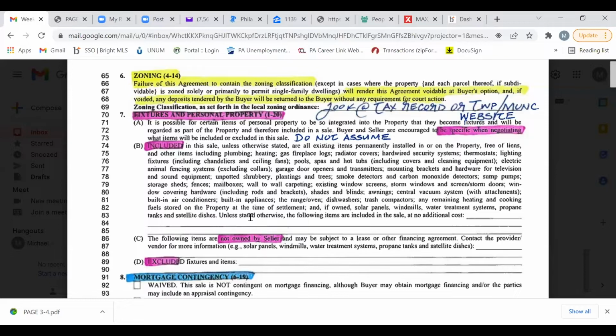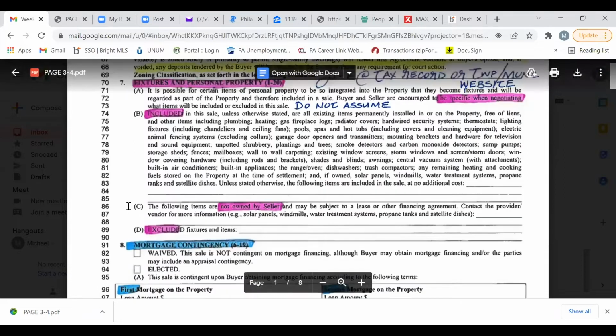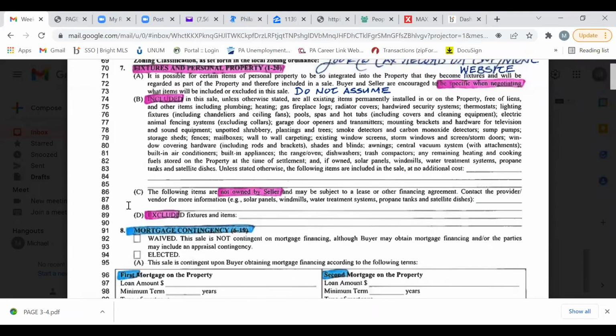We assumed it would stay since it was affixed to the house. But it was not, and we lost that fight. It's a hardwired security system. Because they replaced it with a functioning doorbell, we were not able to keep it because we didn't write specifically that it was included in the deal. We didn't have a leg to stand on.